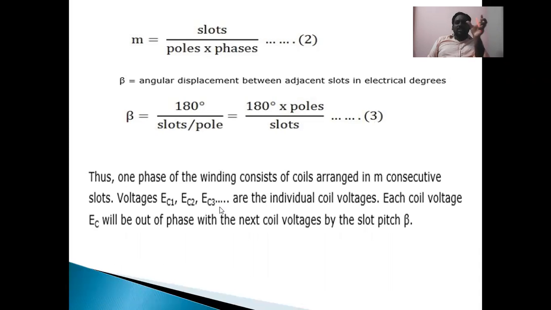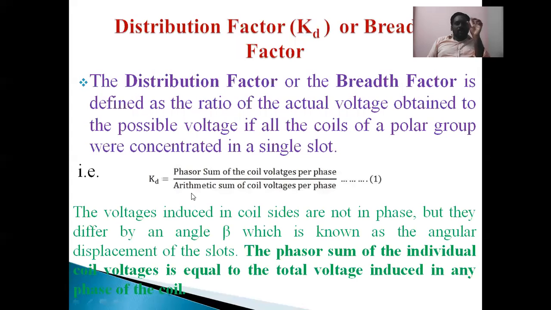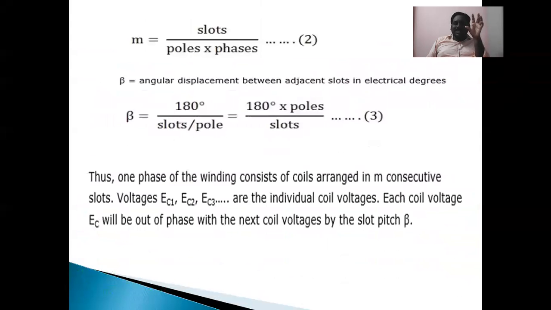Next, see here. EC1, EC2, EC3 are the individual coil voltages. In the case of concentrated winding, what happens? All the coils are located in a single slot, so there is no phase difference. That is why we take the arithmetic sum, and the magnitudes are equal, so all the coils have equal voltage EC.